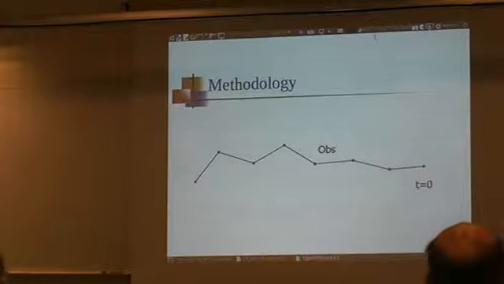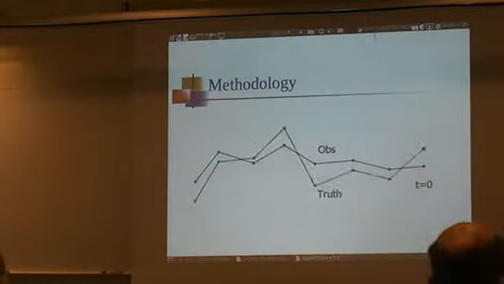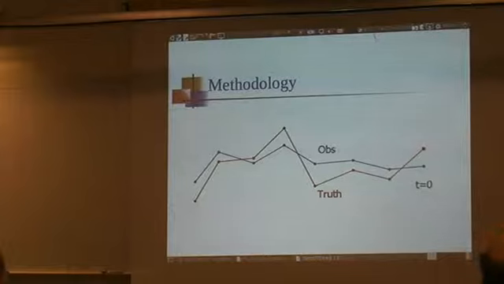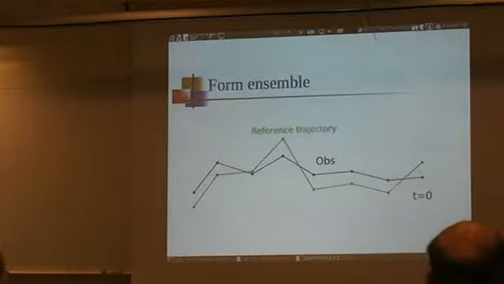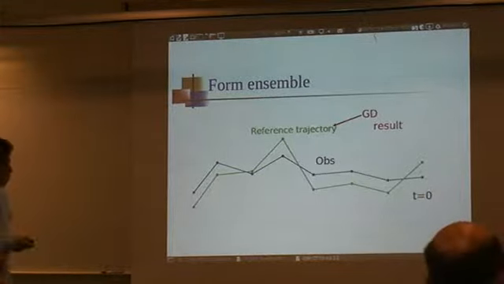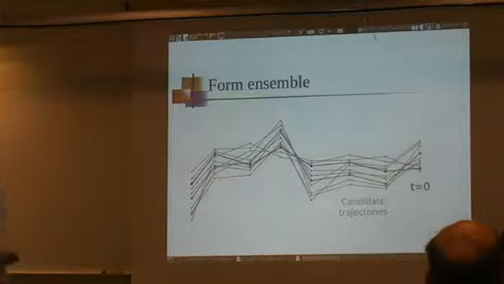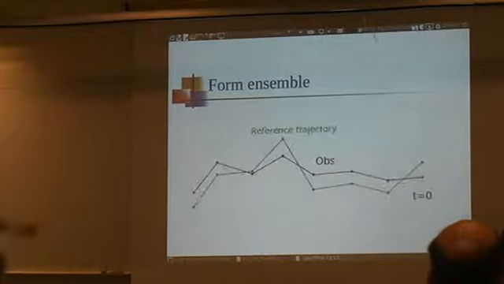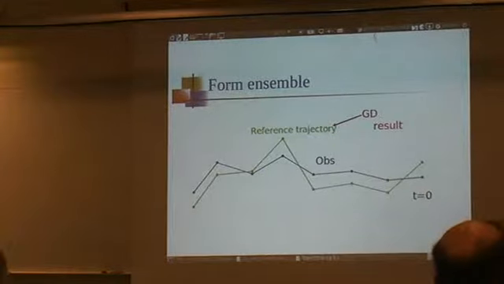Then, to form an ensemble: now that we use gradient descent, we can get a control or reference trajectory. Here are the observations, which are generated by the truth. We don't know that, and we first generate the reference trajectory using the gradient descent result. Then, based on this reference trajectory, we need to form an ensemble of initial conditions.